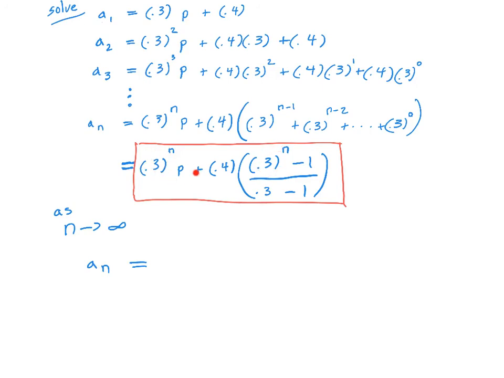This whole term is 0. On the top here, we have minus 0.4. So we have minus 0.4, and then on the bottom, we have 0.3 minus 1, so minus 0.7. And this is the same result that we got earlier in the kind of quick method of approximately 57%.